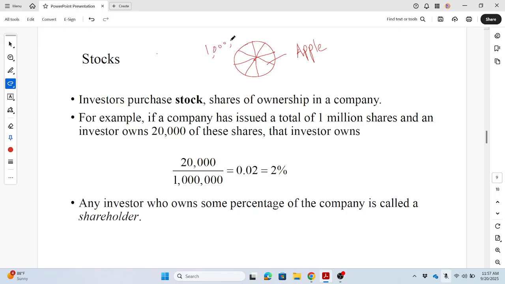Then you want to buy 20,000 of those pieces. That means 20,000 out of 1 million, which is 0.02, which is 2% of Apple. You own 2% of the company, and in that example you are called a shareholder. So stock means a piece of the company, and if you own the stock, you are a shareholder.